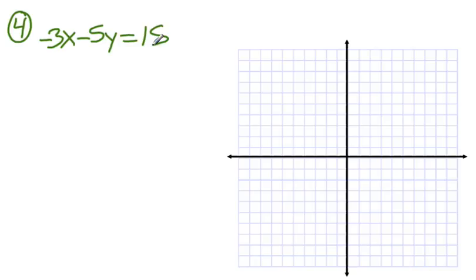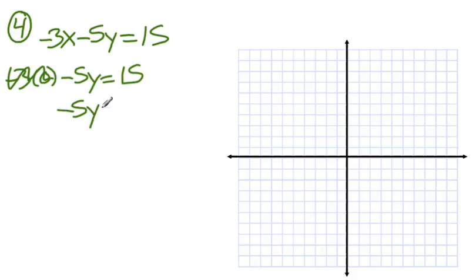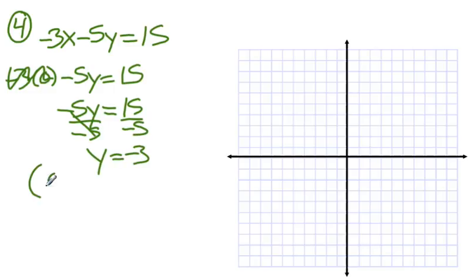So decide which one you want to put a 0 in for. It doesn't really matter. Maybe I'll put it in for x. So I have a negative 3 times 0 minus 5y equals 15. Again, this just simplifies away, and I'm going to end up with negative 5y equals 15. Divide that negative 5 out, and y equals a negative 3. So my x value was 0, my y value is a negative 3.